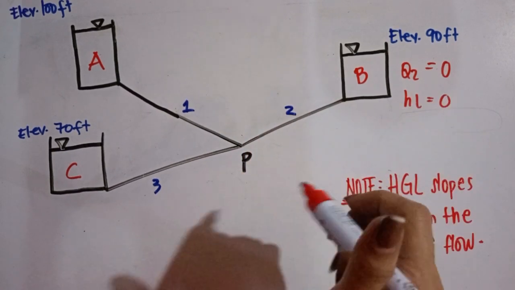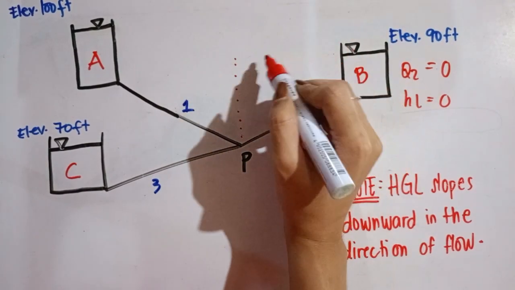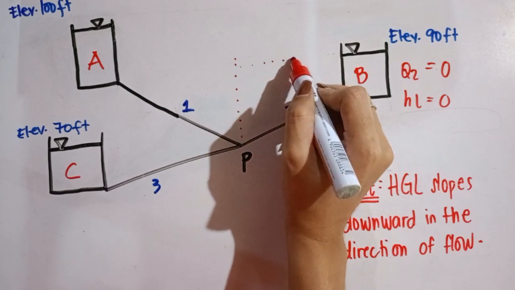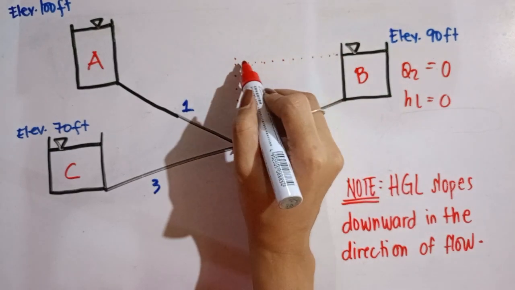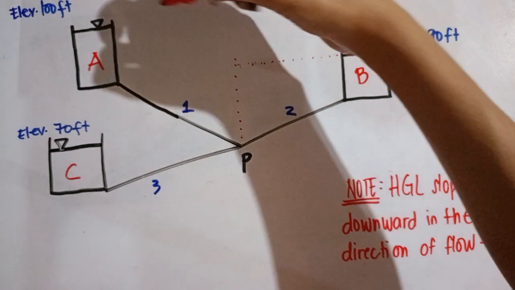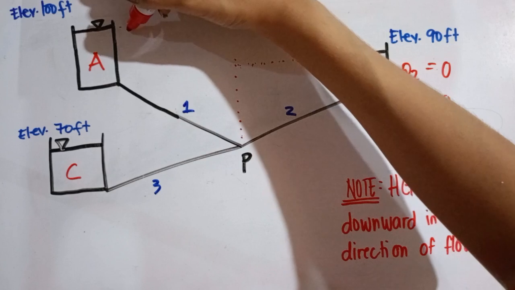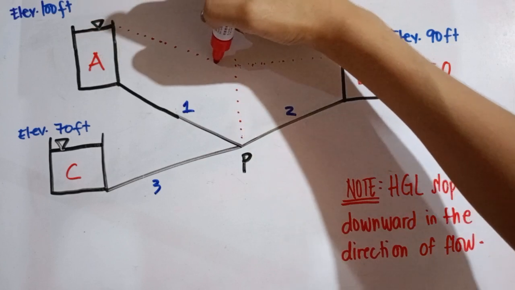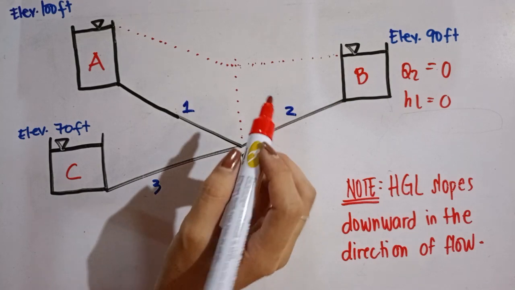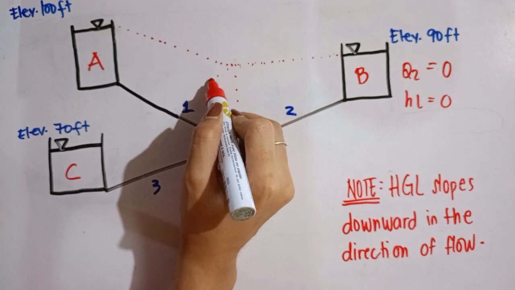So at junction P, we go up and level at reservoir B. And we have a note that HGL slopes downward in the direction of the flow. So from reservoir A, it is going to flow from left to right, downward. And in reservoir C, it is downward from right to left.